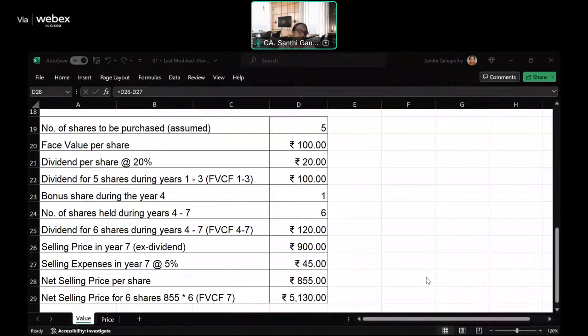So these are the cash inflows from holding this equity share by means of dividend and the price. Is that clear?